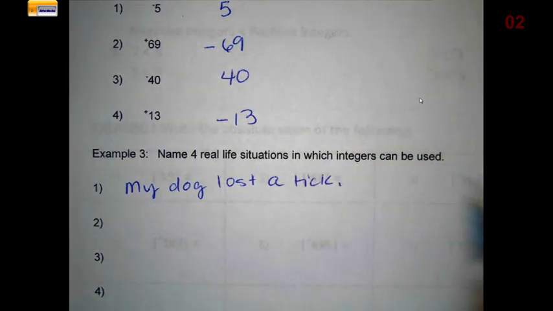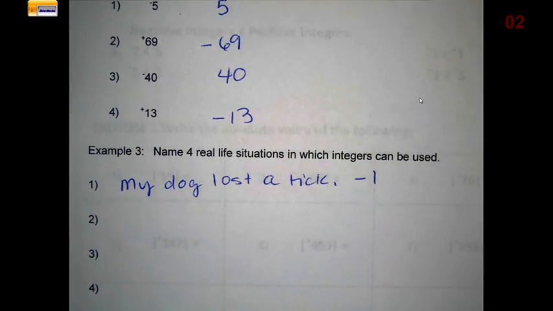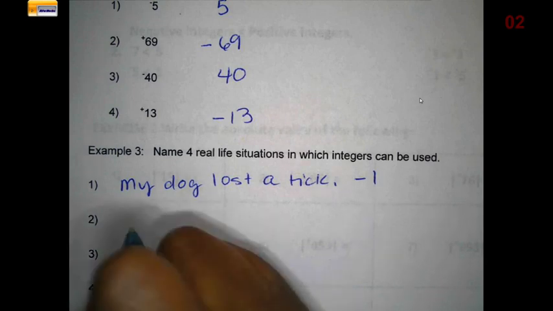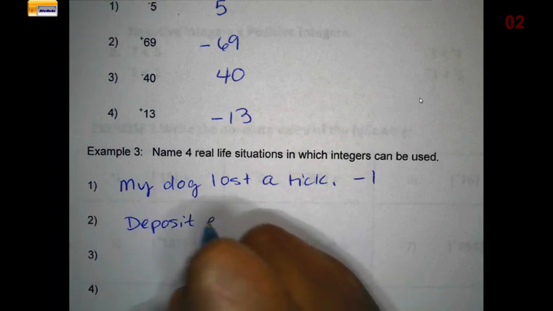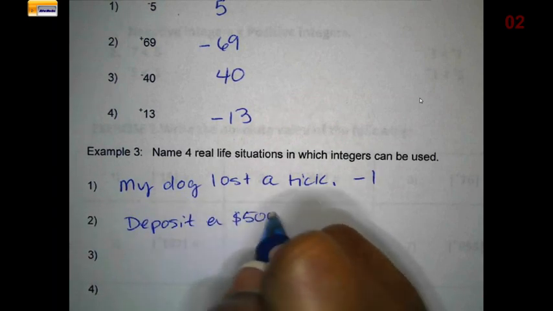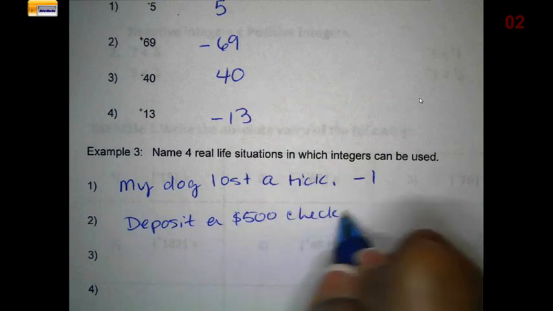So 1 tick is just -1. But I would like him to lose all his ticks. Okay, what's another good example? Okay, so if I deposit, how much is your check? So that would be plus 500, right?